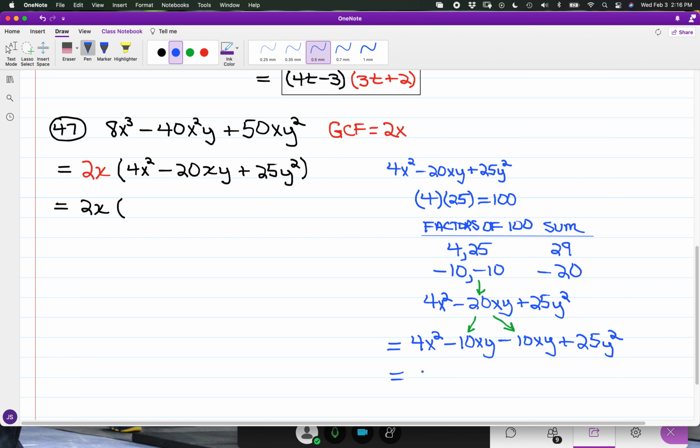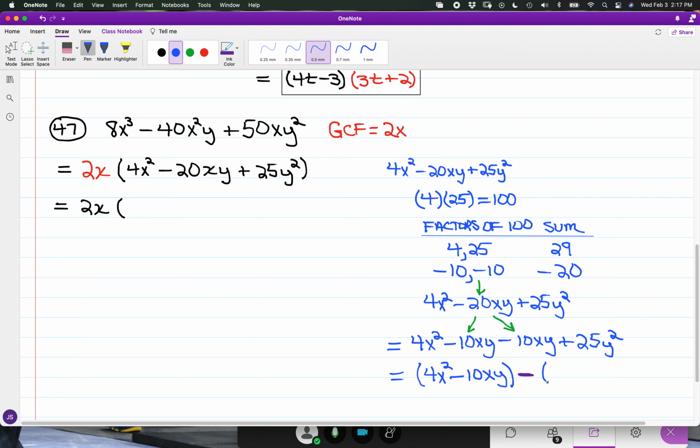Now once we look into factoring by grouping, we have 4x squared minus 10xy. Now after the first group, the operation in the middle is subtraction. Now here we have to be careful.